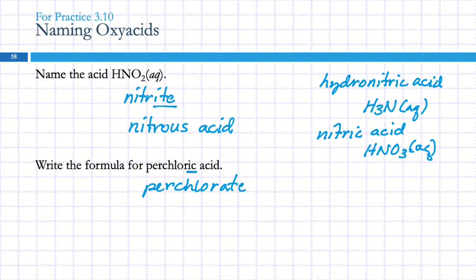The formula for the perchlorate ion is one more oxygen than chlorate, so ClO4 with a -1 charge. That's the perchlorate ion. The charge is important because that's going to tell us how many hydrogens it's going to have. So this will need one hydrogen to be a neutral compound: HClO4 aqueous, perchloric acid.